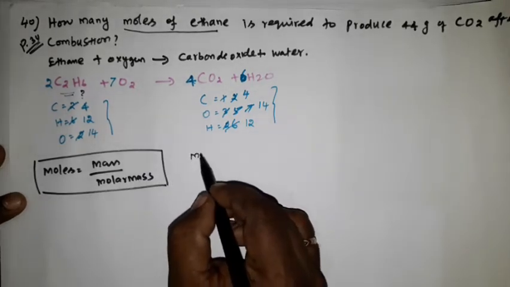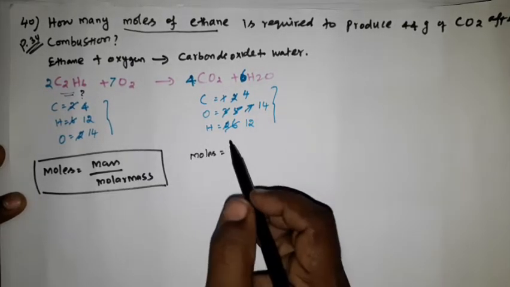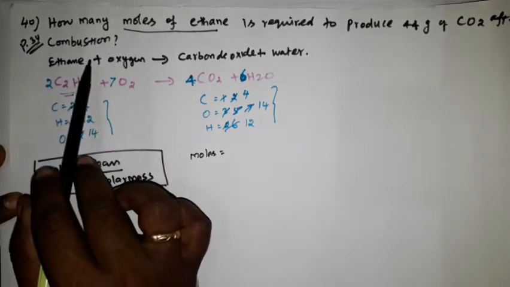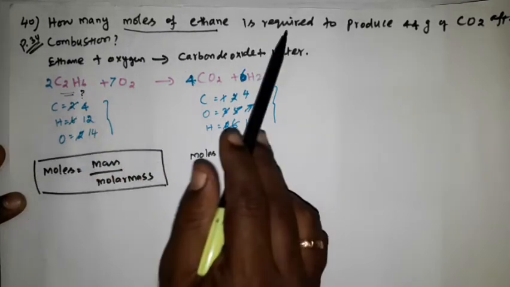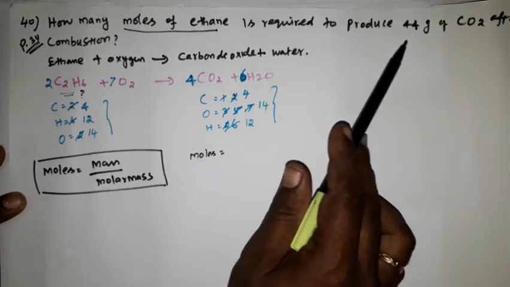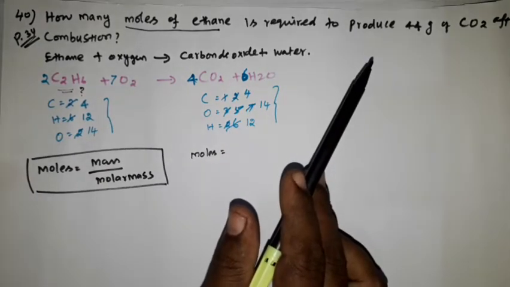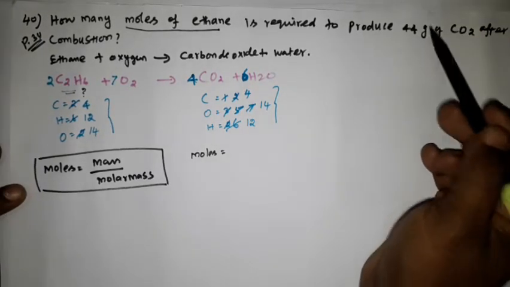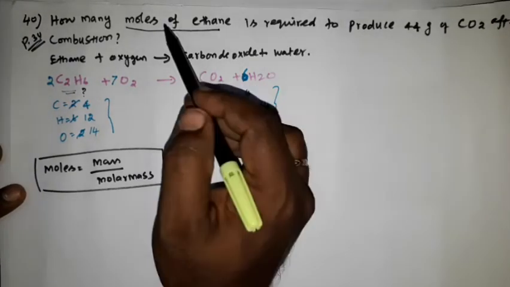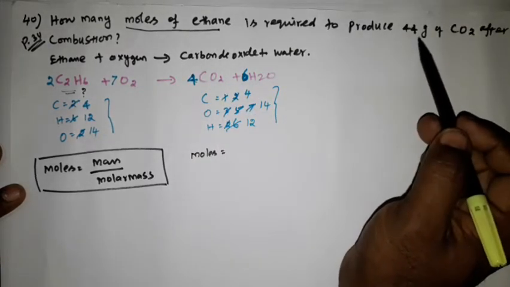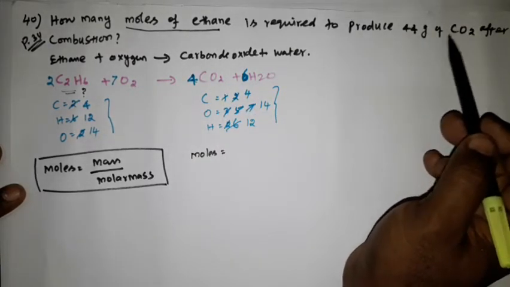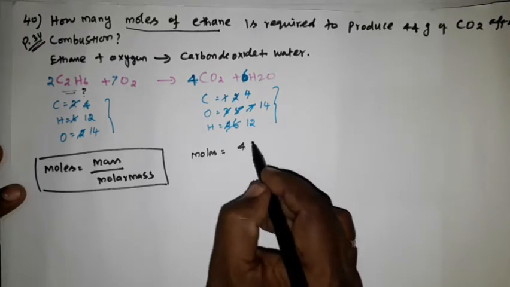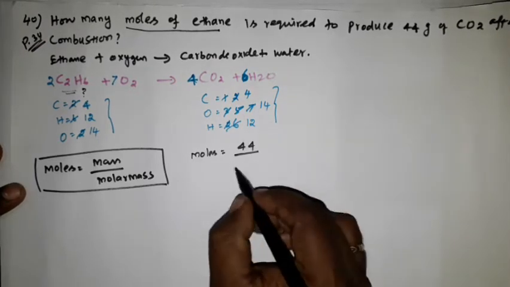Now, the question is asking about the number of moles of ethane required to produce 44 grams of carbon dioxide. Here you have to find the number of moles, because the carbon dioxide is given in mass. So mass is 44 gram. What is the molar mass?